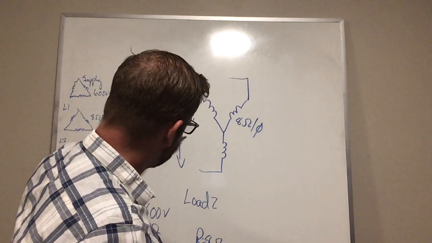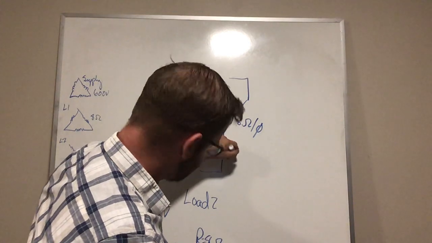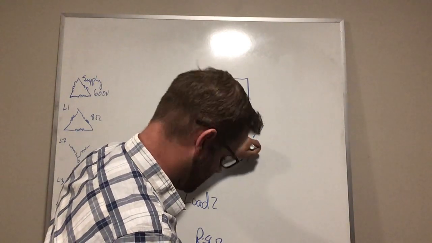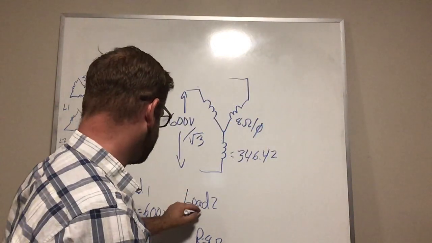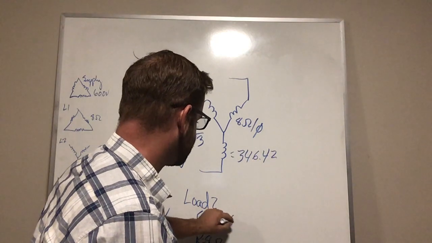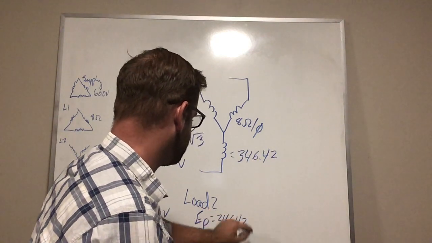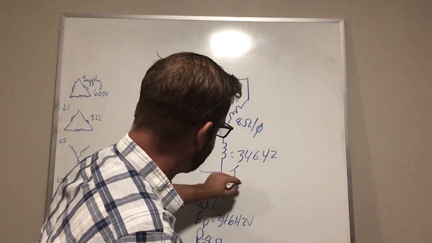So 600 divided by root 3 gives us a phase voltage of 346.42. So that is the voltage, our E phase, 346.42 volts.